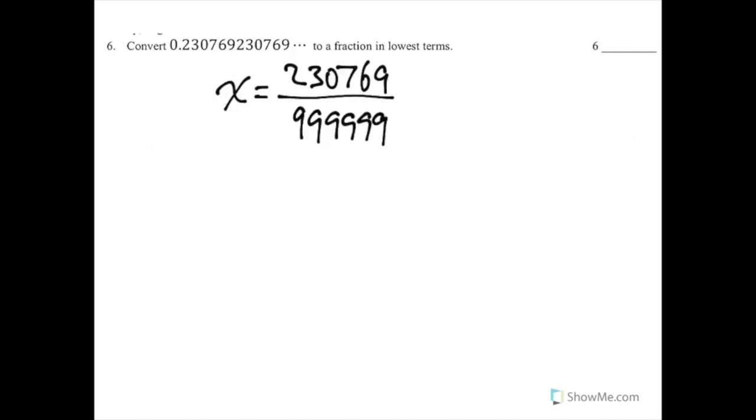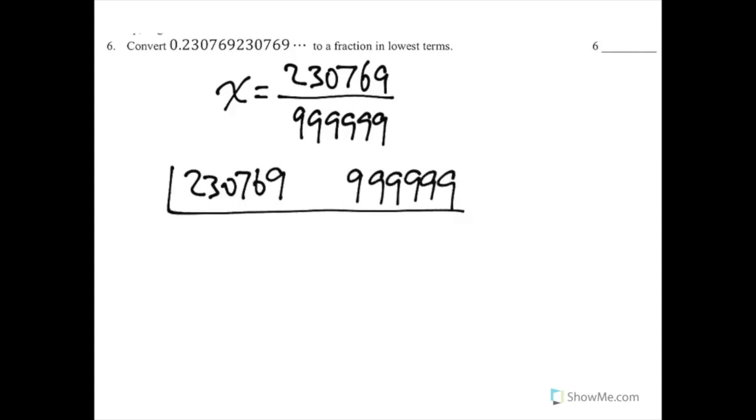So the next step here is to figure out how we can reduce this fraction. So what we need to do is prime factorize both of these numbers. And the trick is we can sort of do these two numbers together. So if we write 230,769 and 999,999, and then we see what common factors they share.